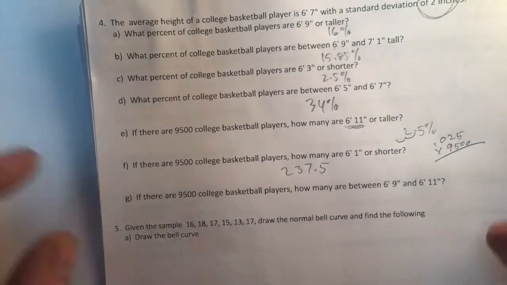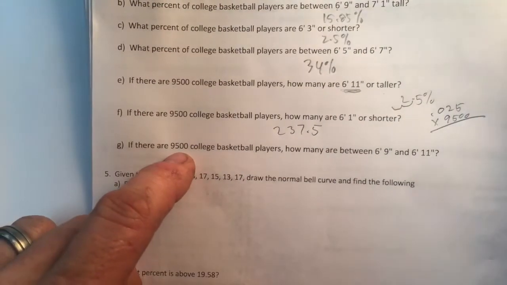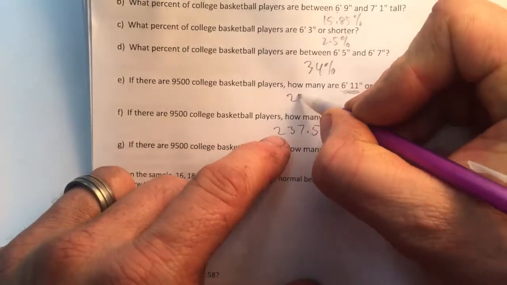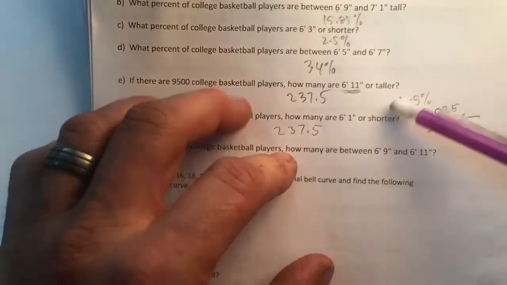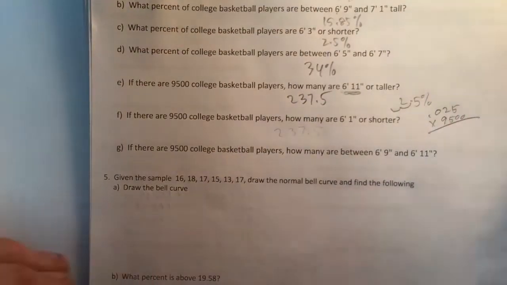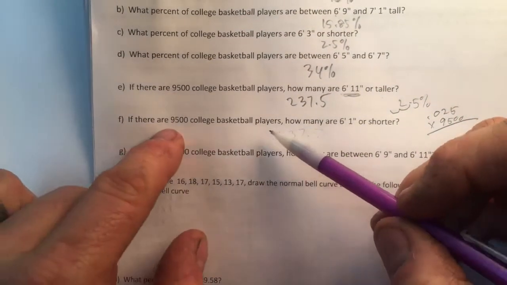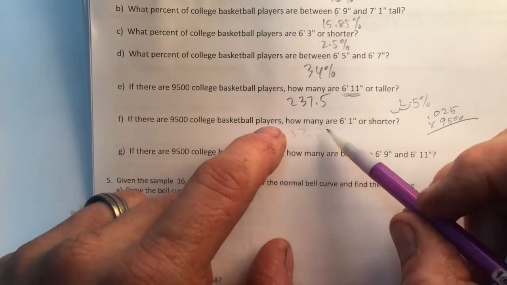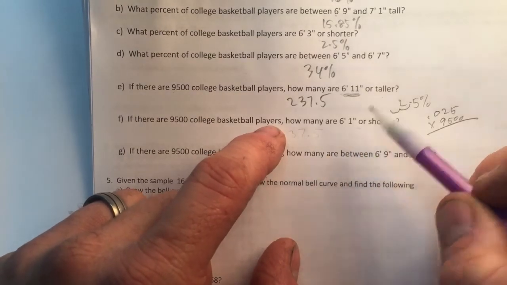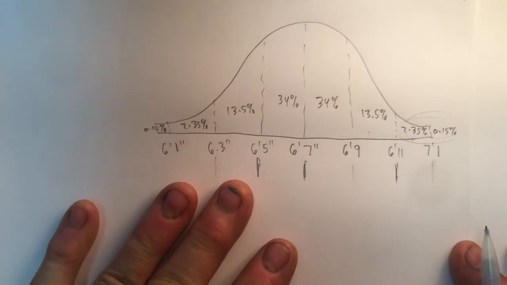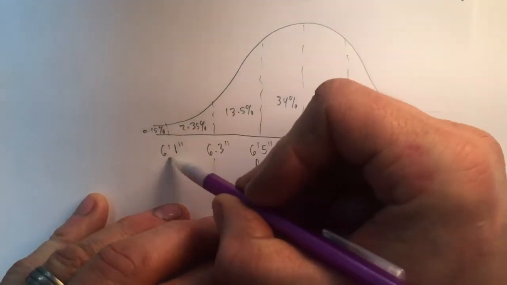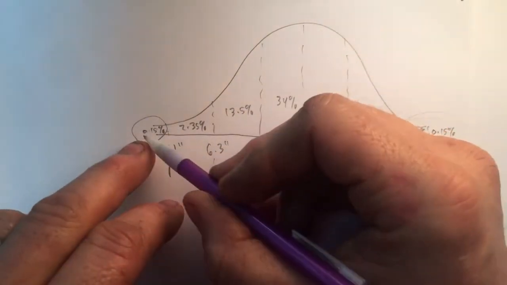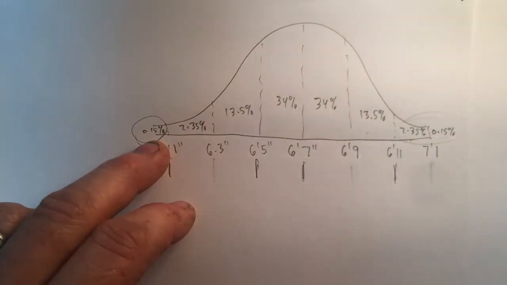If there are 9,500, I'm sorry, I put that in the wrong place. If there are 9,500 college basketball players, how many are 6'1" or shorter? Go back to our bell curve. 6'1" or shorter, you're talking about 0.15%.